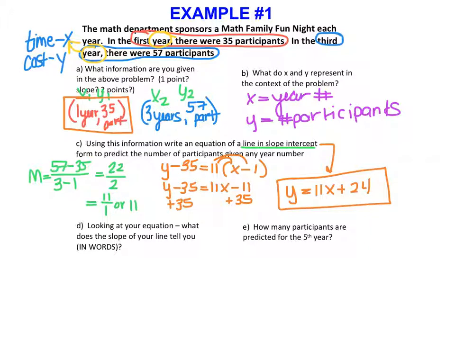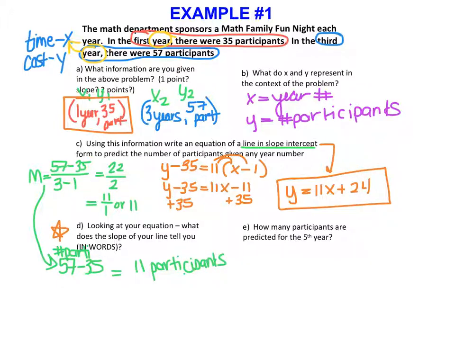Now it says, looking at your equation in part D, what does the slope of your line tell you in words? Let's dissect this slope in green a little bit more. Remember, as we created this, this was 57 minus 35 in our numerator, and these were our number of participants at various times. So my numerator, where I had the 11, is 11 participants.